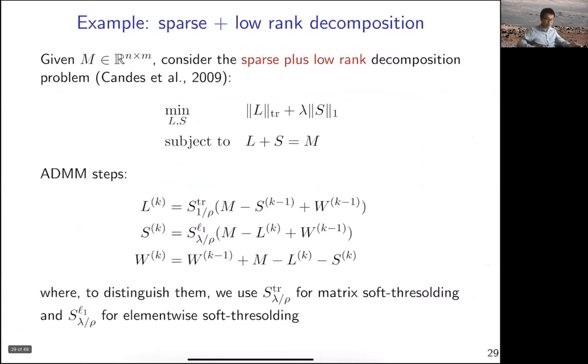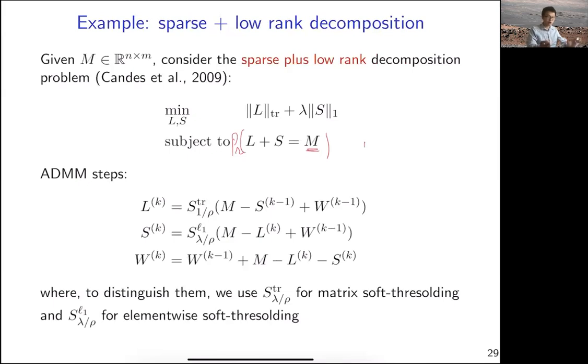The related problem is this sparse plus low rank decomposition. Sometimes we want to solve a problem of the following form, where M is our observation, so that could be the movie rating matrix. Sometimes we get this projection operator that selects only those coordinates that we observe a rating for.